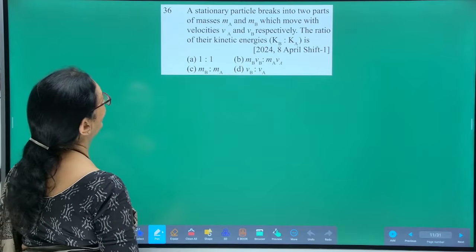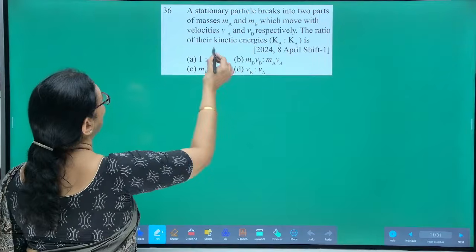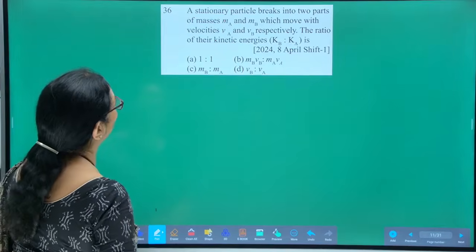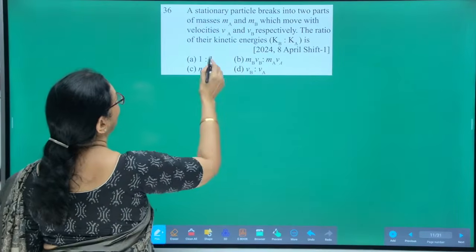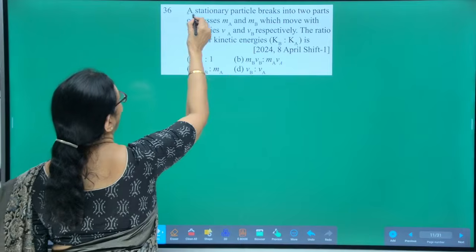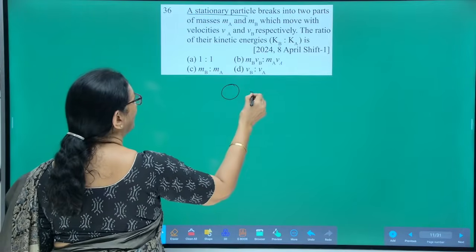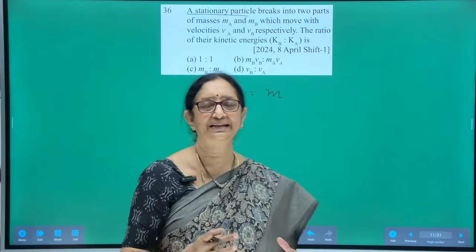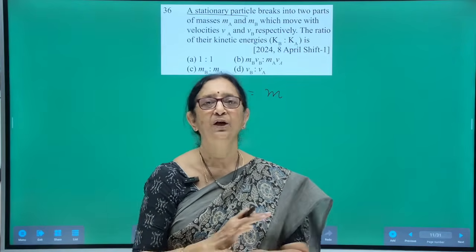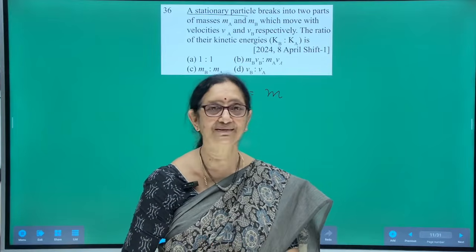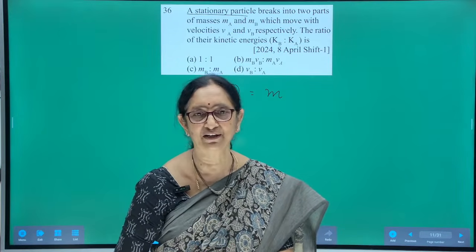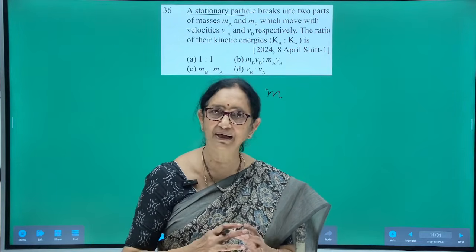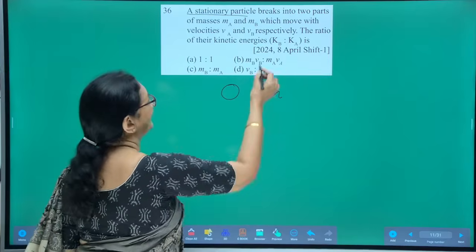A stationary particle breaks into two parts of masses ma, mb, which move with velocities va, vb respectively. The ratio of kinetic energies. A stationary particle breaks into two pieces, then initial momentum is equal to the final momentum when there is no external force acting on the system, that is according to law of conservation of momentum. As the particle is initially at rest, initial momentum is 0 and it splits into two pieces.